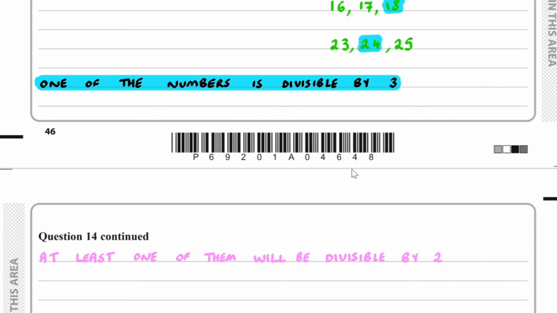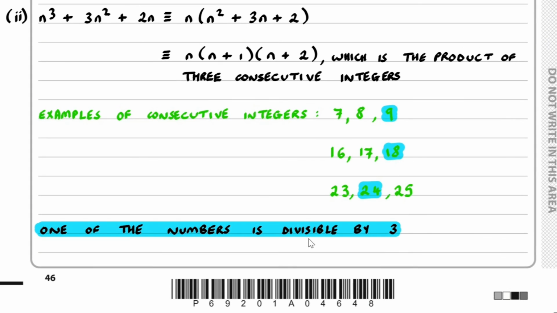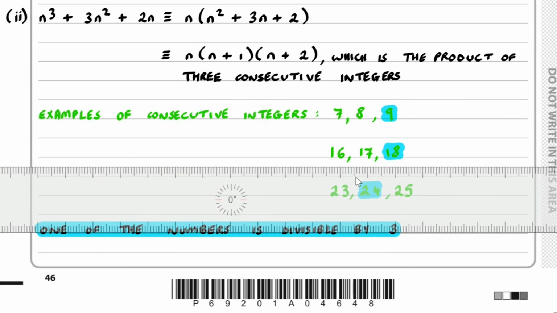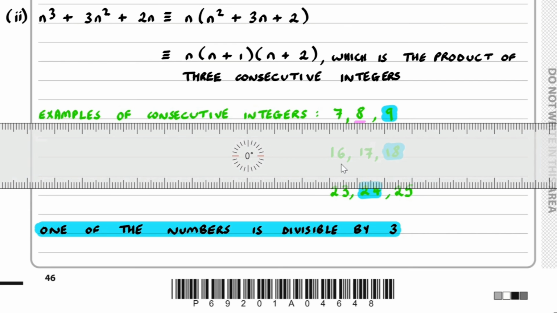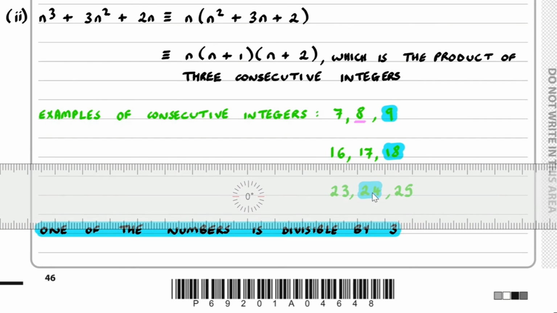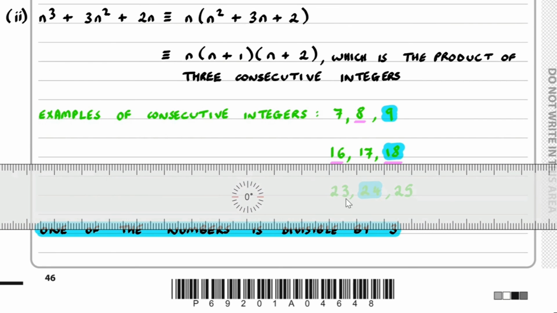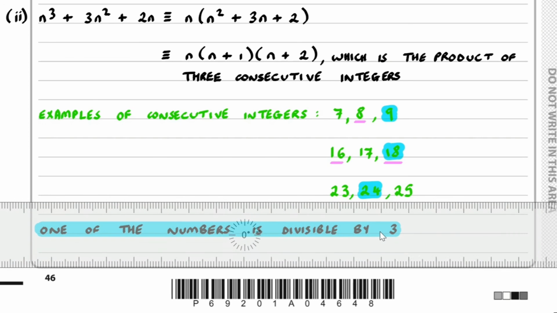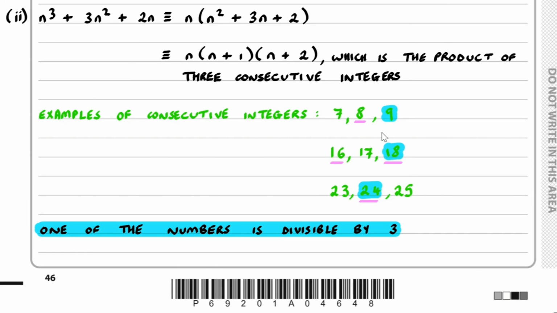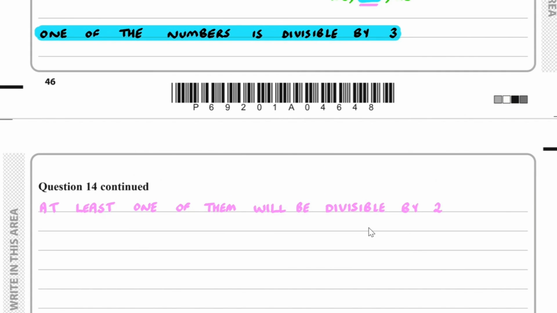And hopefully what you also notice is at least one of them will be divisible by 2. So in this case, the 8 is divisible by 2. In this case, the 16 and the 18 are both divisible by 2. And in this case, the 24 is divisible by 2. So at least one of the numbers will be divisible by 2.